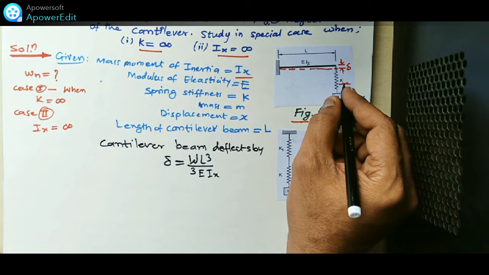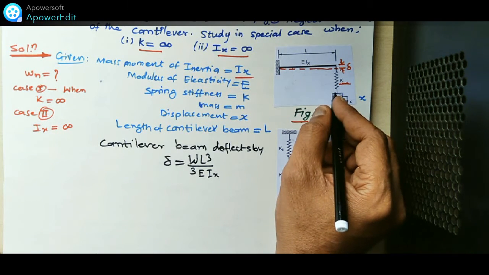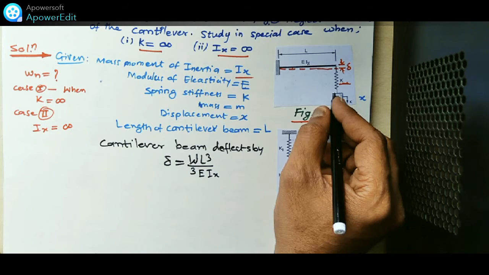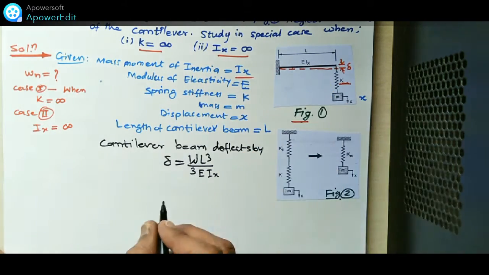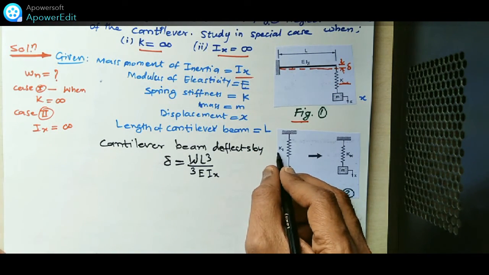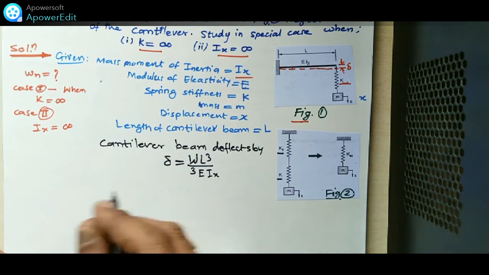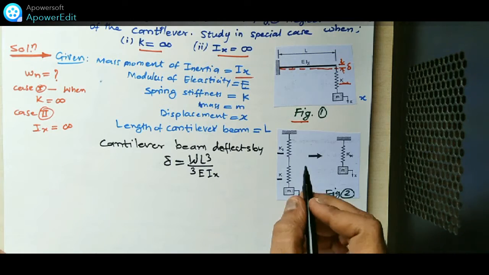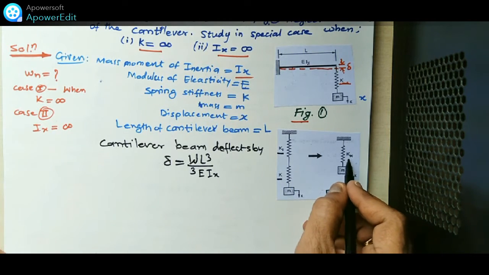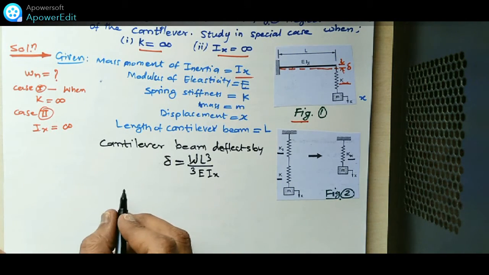In this case K is the spring and the deflection is X. So this beam, we are considering its stiffness as K1, and this spring is there with stiffness K. So these springs are in series, so we have to find the equivalent spring stiffness.